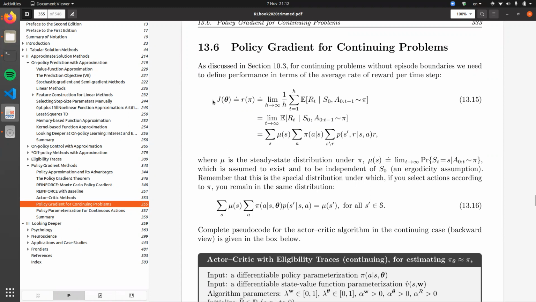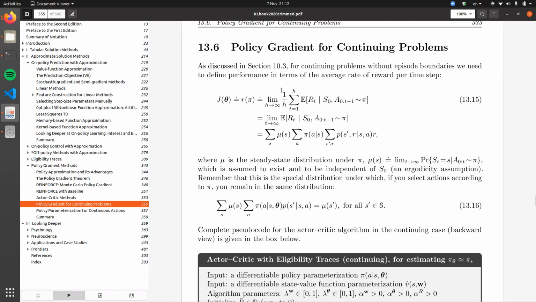To do that, we will introduce a new objective. Our previous objective function was the reward from the initial state, relying on the notion of episodes that start in a certain state and proceed to termination.